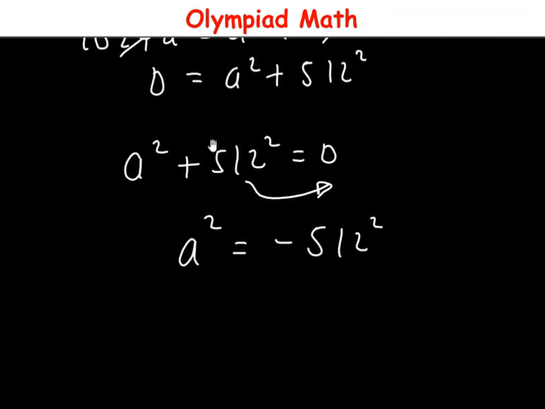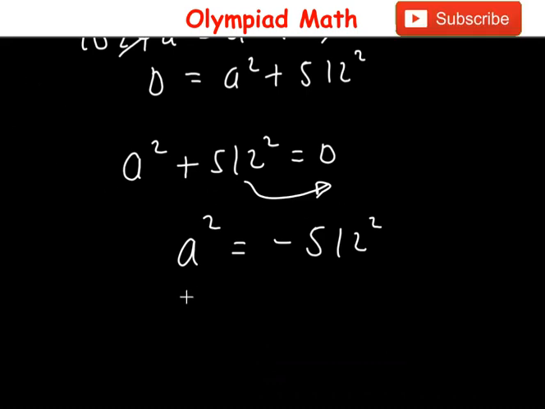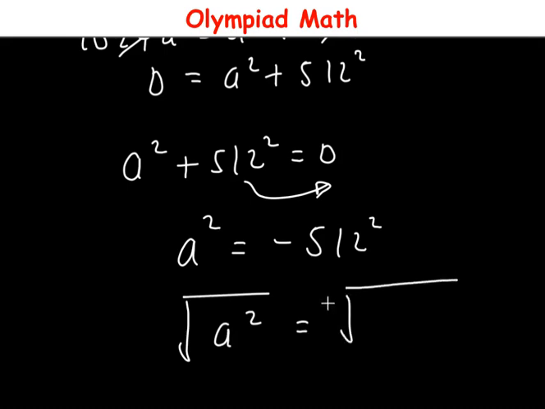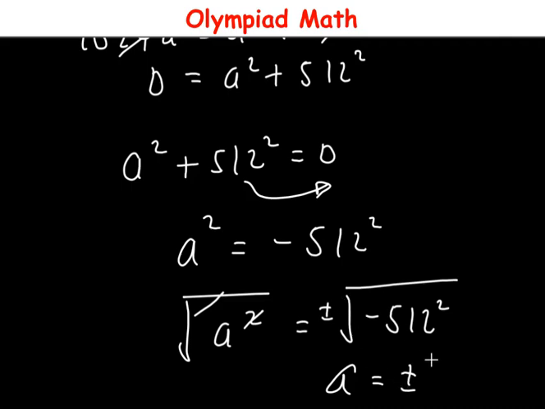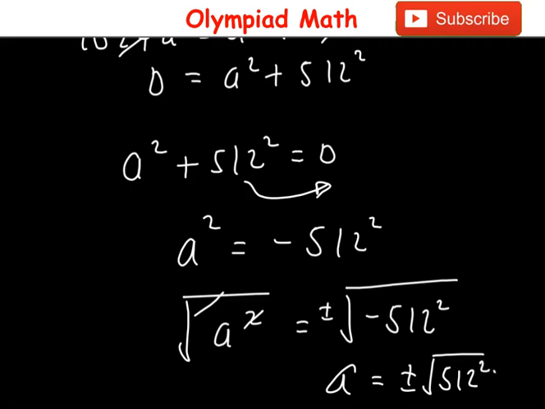So square root this equation, we have square root of a squared equals square root of minus 512 squared. So square cancels square root, we have a equals plus or minus, this can be written as root 512 squared times root minus 1.